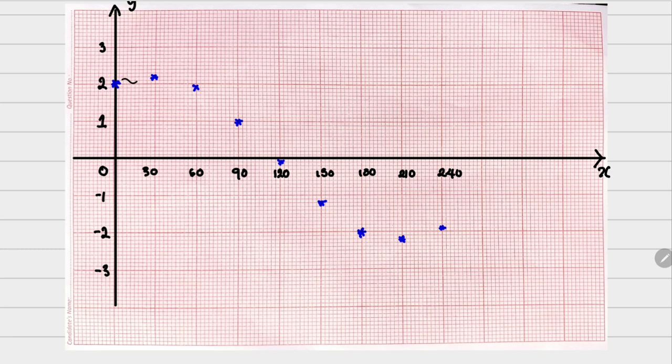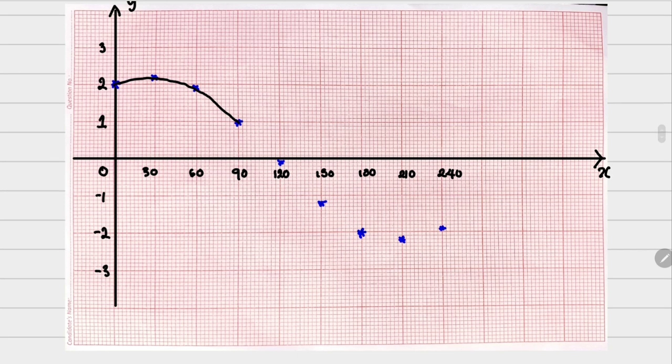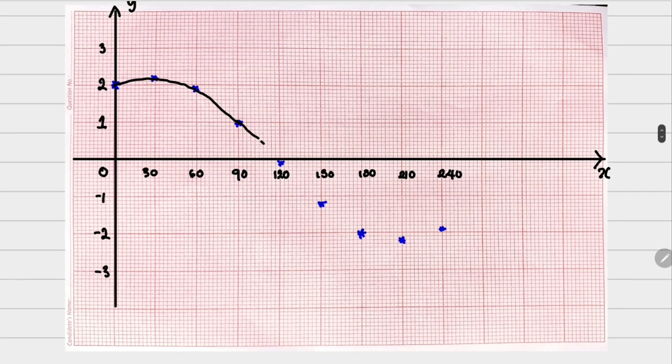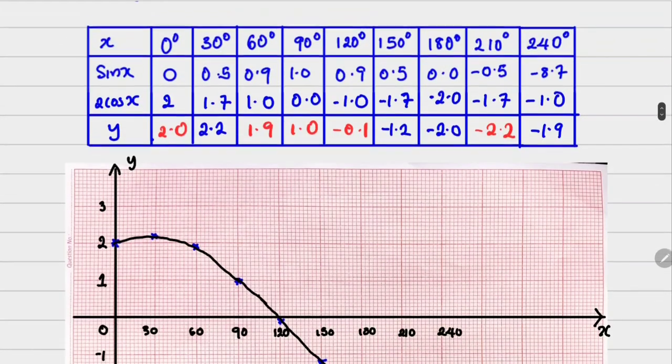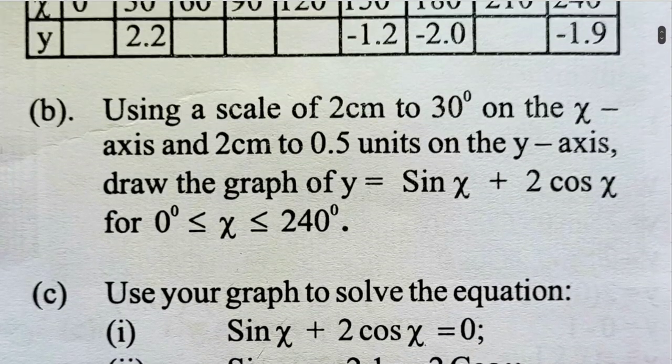To draw my graph, I'm going to connect these points carefully. You can see there I'm connecting them carefully. Just make sure it is as smooth as possible. Okay. That is nice. So I have my graph and it is very okay. Now, it means that I've gone past the first question.